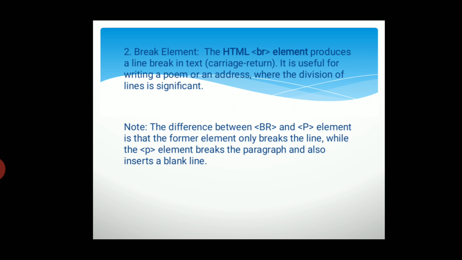website. Okay, so the basic difference, there is one more tag, that is the P tag. Okay, the P tag means paragraph element. A paragraph and a line break, these two types of tags are different.